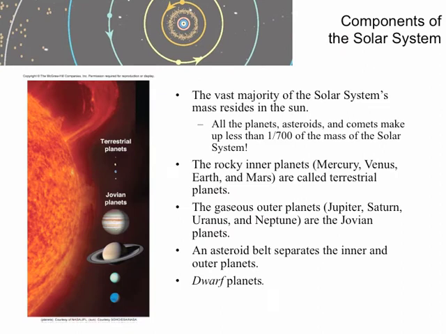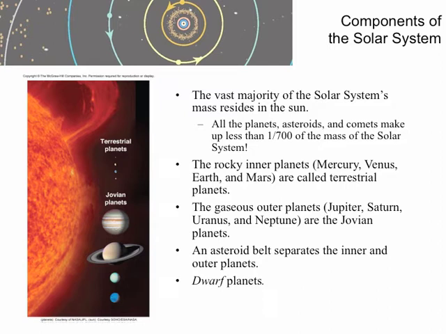So what does our solar system consist of? Mostly, to tell you the truth, the solar system consists of the sun. By mass, that is, almost all of the mass of the solar system is concentrated in the sun.